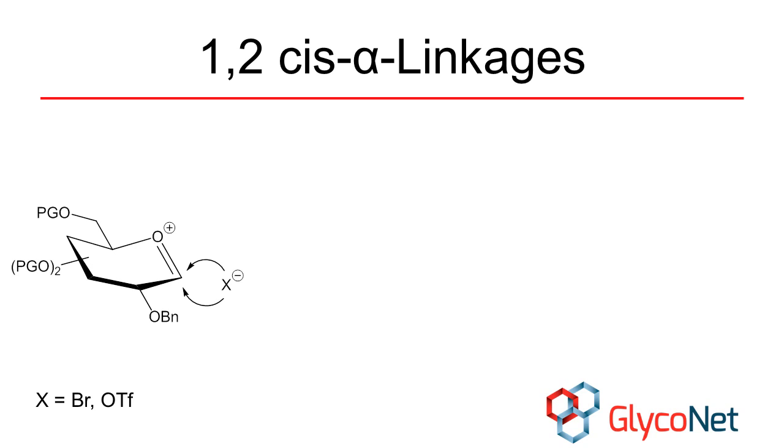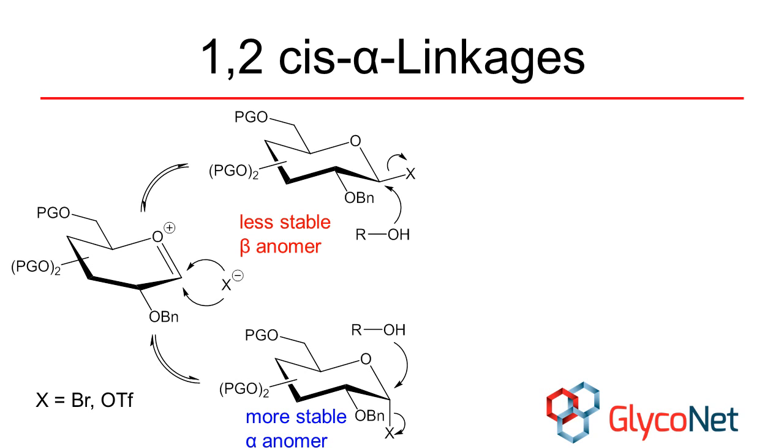1,2-cis-alpha linkages are more challenging to make than trans linkages and require the use of a non-participatory group at carbon 2. During activation, the anionic component of the activator, such as bromide or triflate, will covalently and reversibly attach to the donor as a mixture of alpha and beta anomers.